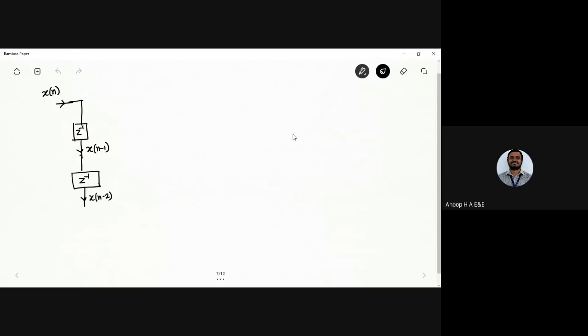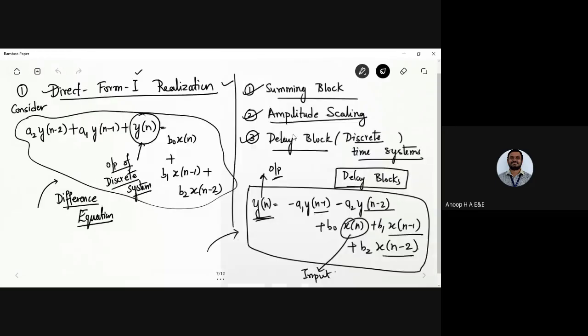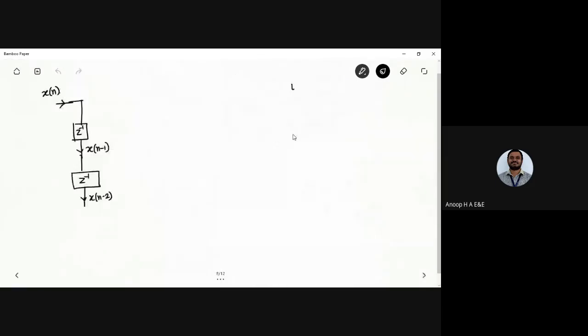So let me rewrite the equation again. This is the equation I have in mind: y of n equals minus a1 y of n minus 1 minus a2 y of n minus 2 plus b naught x of n plus b1 x of n minus 1 plus b2 x of n minus 2.